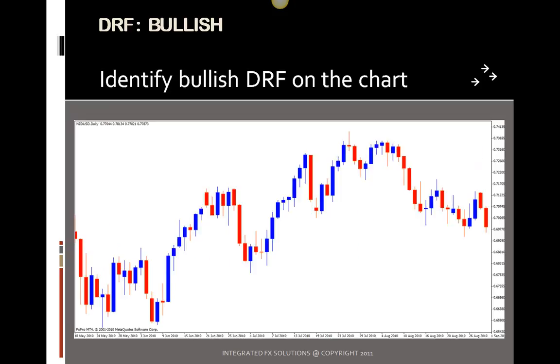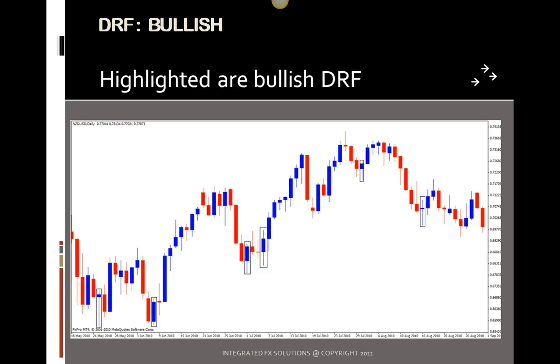Identify bullish DRF on the chart. We have several bullish DRFs on the chart. Can you identify them? One thing that needs to be noted is a bullish DRF must have a lower low and higher close.